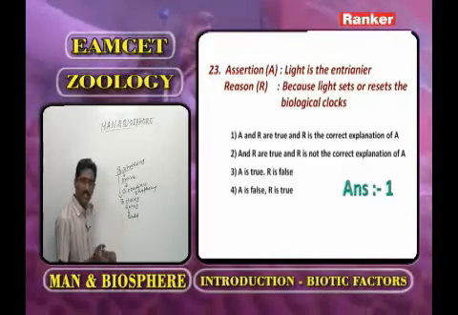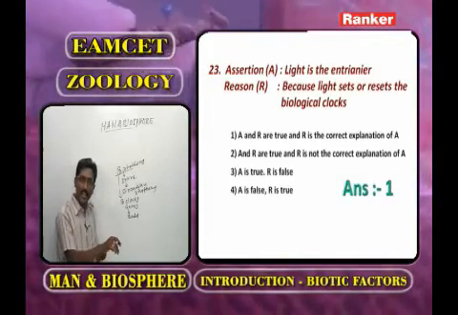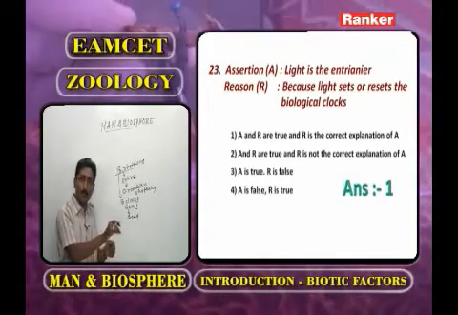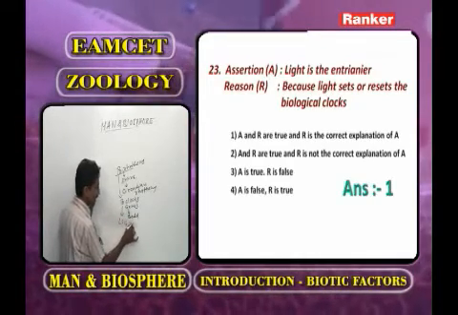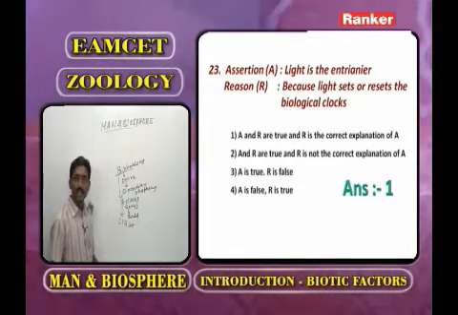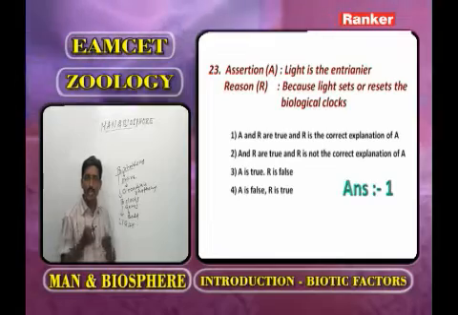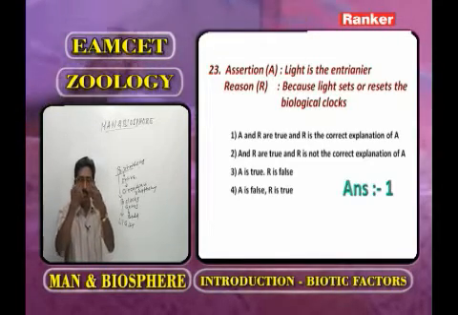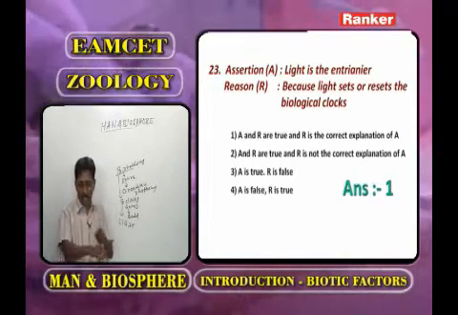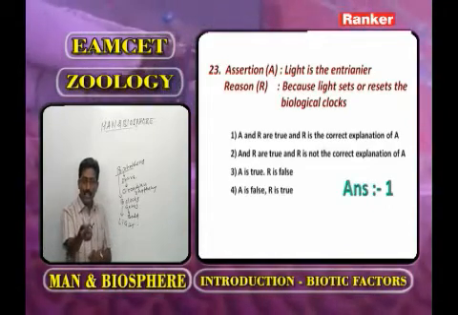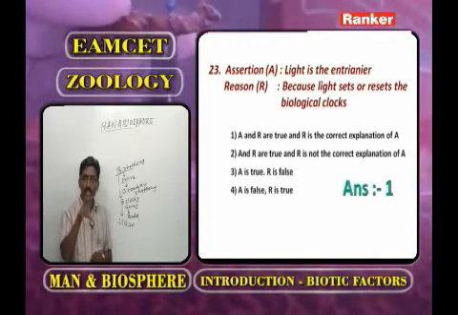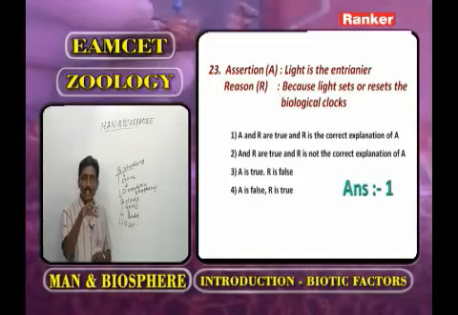These biological clocks are initiated or stopped by what type of physiological factor? That we call light. How does the light enter the body? The light enters the body through the eyes, or through the skin. When the light enters the body, it stimulates the central nervous system.